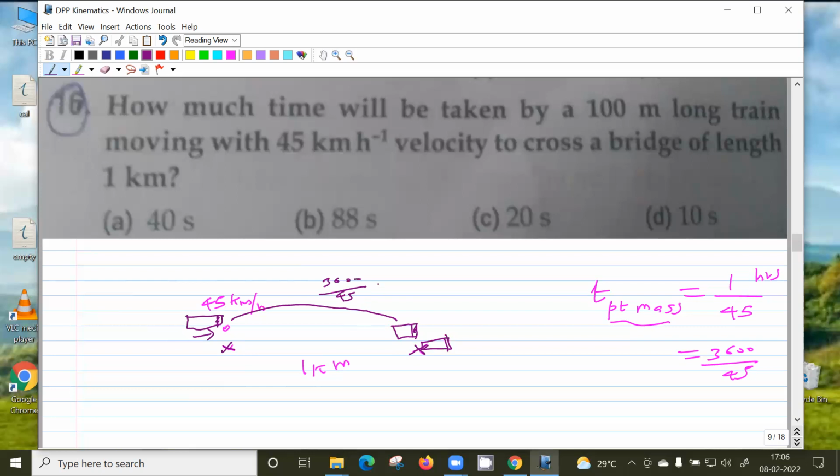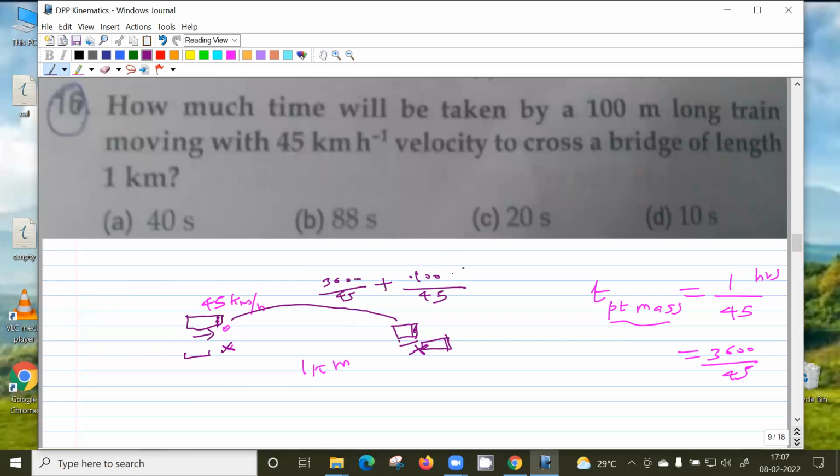3600 by 45. Plus some additional time is required for the back end of the train to cross this point. So this additional distance has to be traveled, which corresponds to the length of the train. Another way to understand is if I take the back of this train, it will travel this much additional distance, that is the length of it, so 100 meters, 0.1 kilometer divided by 45.